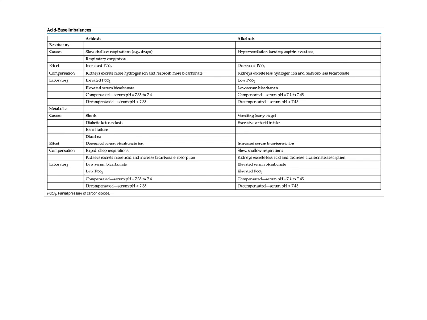And when the body realizes that CO2 levels are increased, the kidneys kick in. The kidneys are going to try and compensate by hopefully reabsorbing more bicarbonate, because that's what it's supposed to do, the base component.